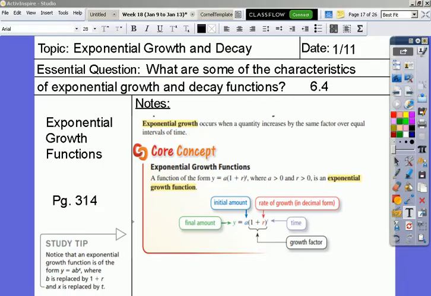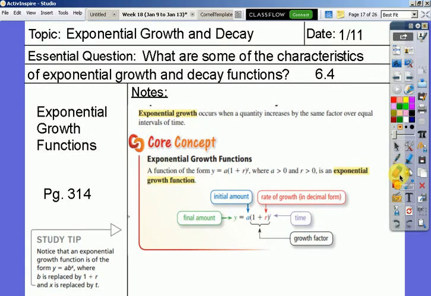So as we can see here, the essential question is, what are some of the characteristics of exponential growth and decay functions? An exponential growth occurs when a quantity increases by the same factor over intervals of time. So we talked about 2 types of graphs that will increase.